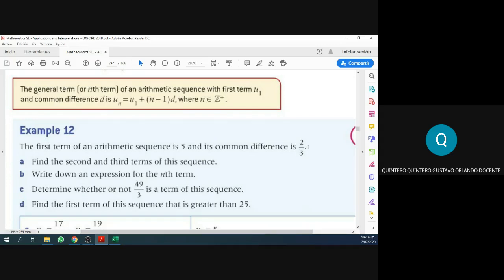Give it a try, all right? You can always use a calculator if you want to, okay?